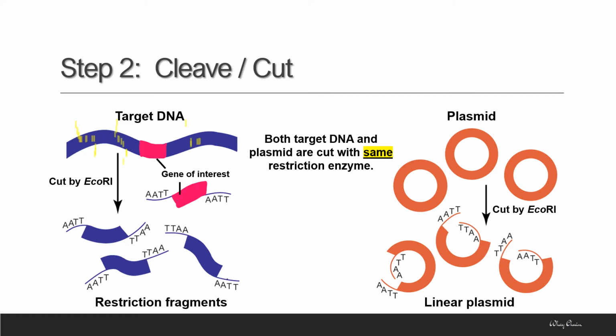After cutting, the target DNA will be cut into a few restriction fragments, but only one restriction fragment carries the gene of interest, for example, the gene for insulin. Plasmid will be cut by the same restriction enzyme, which is EcoRI. The purpose of cutting with the same restriction enzyme is to produce complementary sticky ends.